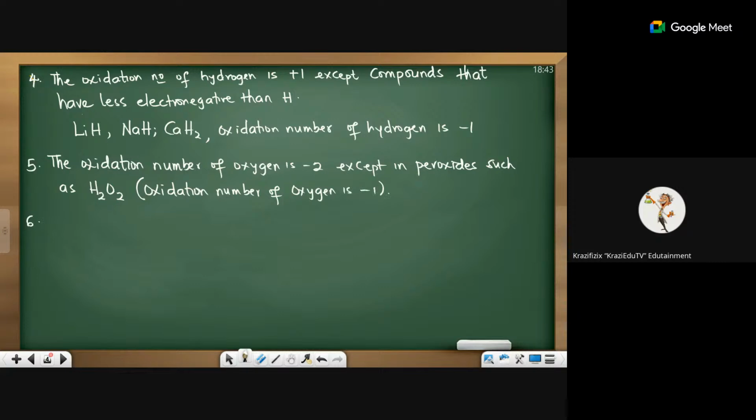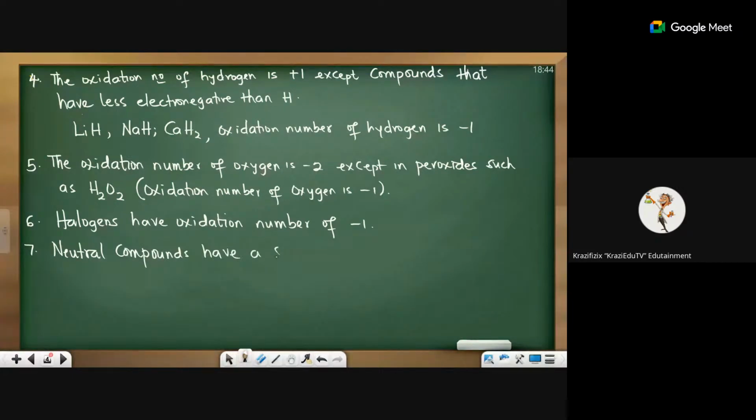I'm going to do all my calculations at the same time. Number 6. Halogens, group 7, have an oxidation number of -1. Number 7. Neutral compounds have a sum of oxidation number of 0, a net oxidation number of 0.